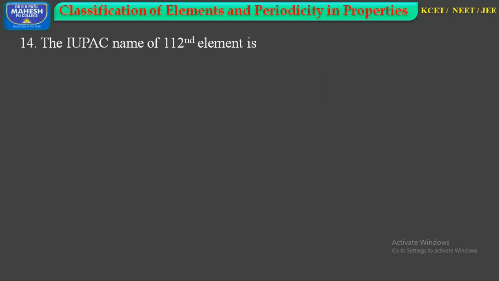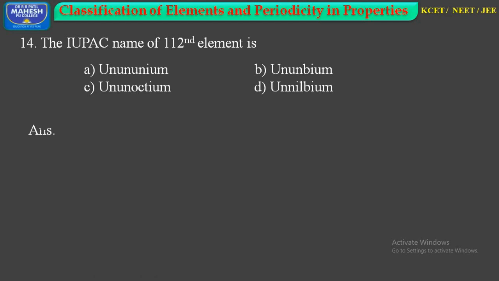Question 14. The IUPAC name of 112 element is. Students, in the question they are asking you about 112 element. So first digit is 1, so we represent it as un, and the second digit is again 1.